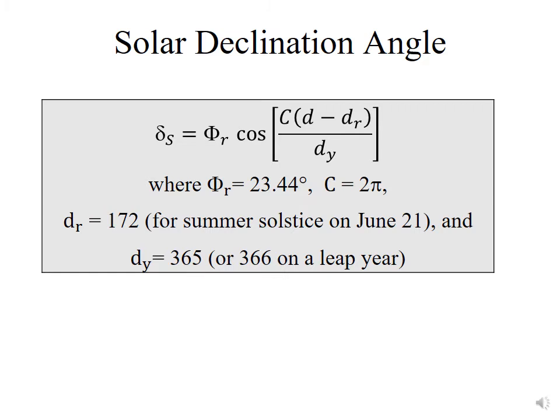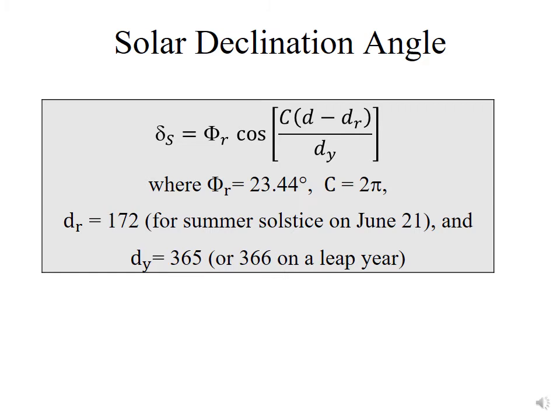So we can define the solar declination angle as the tilt of the Earth's rotation to the ecliptic plane, which is 23.44 degrees, times the cosine of this function, which is basically 2 pi times the current Julian day of the year, d, minus dr, which is the day of the summer solstice, which is typically around June 21st, but it can vary by a day or two.